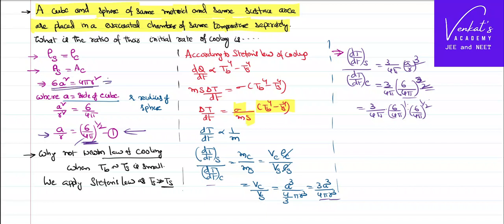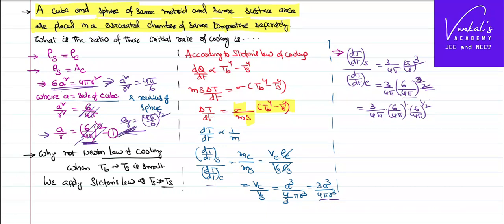From here, a square by r square is 4 pi by 6. I had written it in reverse. That implies a by r becomes 4 pi by 6 whole power of half. Let us call that equation number 1.